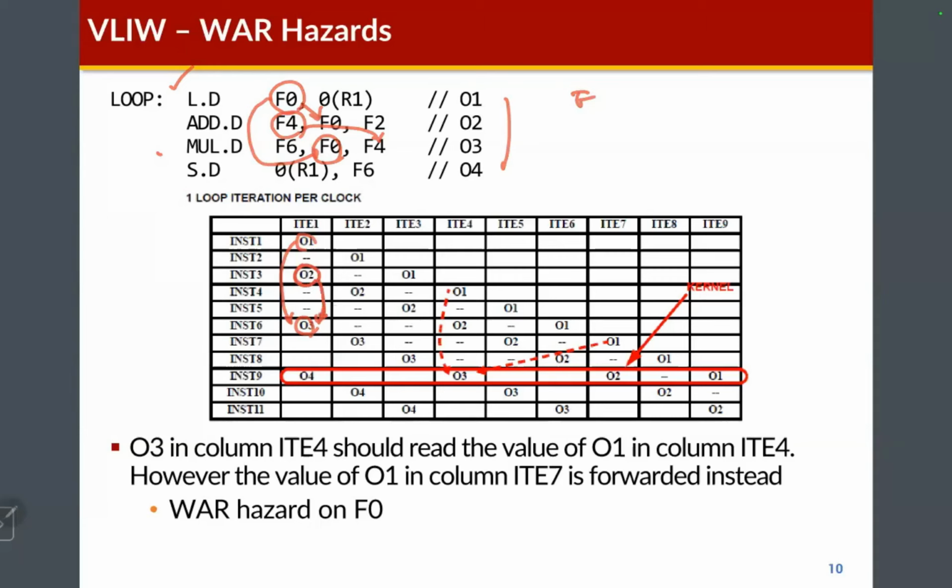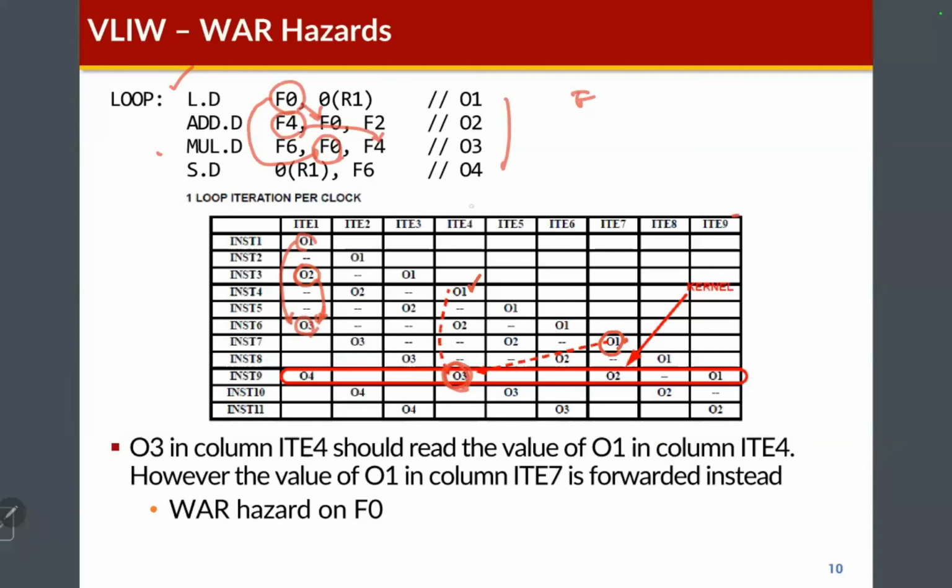The problem is that this O3 needs to get the value from the O1 here, but if we use the same register number, this O3 can be overwritten by this O1.